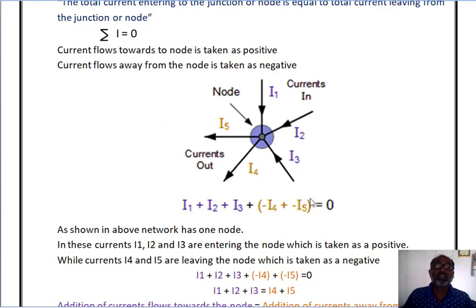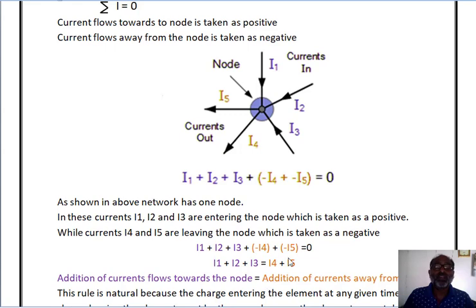Remember, there is a difference between summation and algebraic summation. So we can write this equation as I1 plus I2 plus I3 is equal to I4 plus I5. From this equation we can say that the sum of currents flowing towards the node or junction is equal to the sum of currents leaving away from the node or junction.